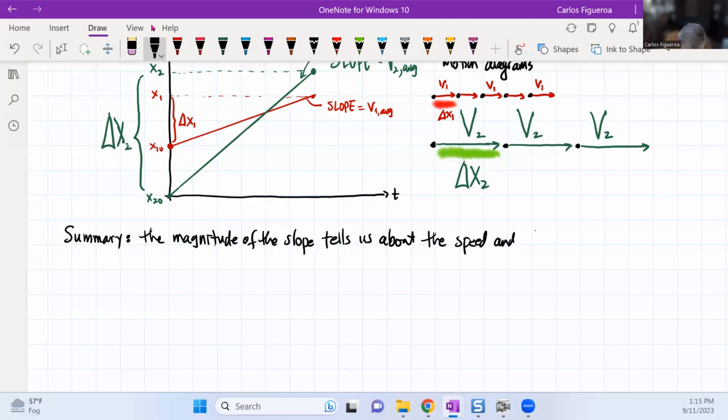And we've seen that if delta x2 is greater than delta x1, that implies the green car is faster than the red car.